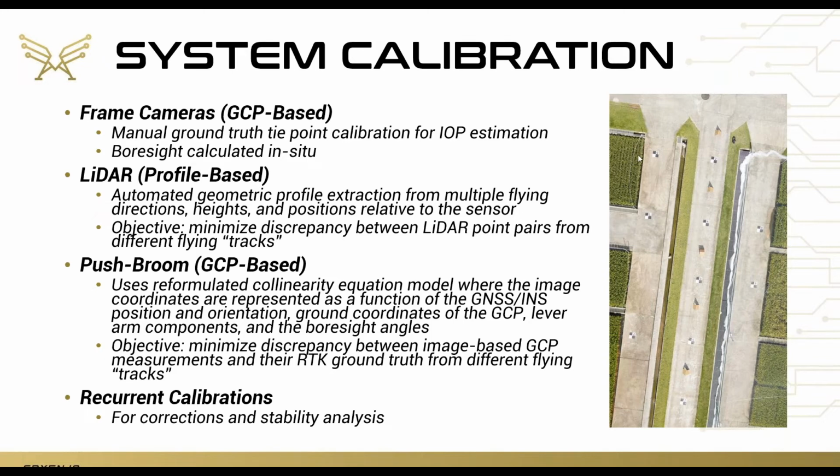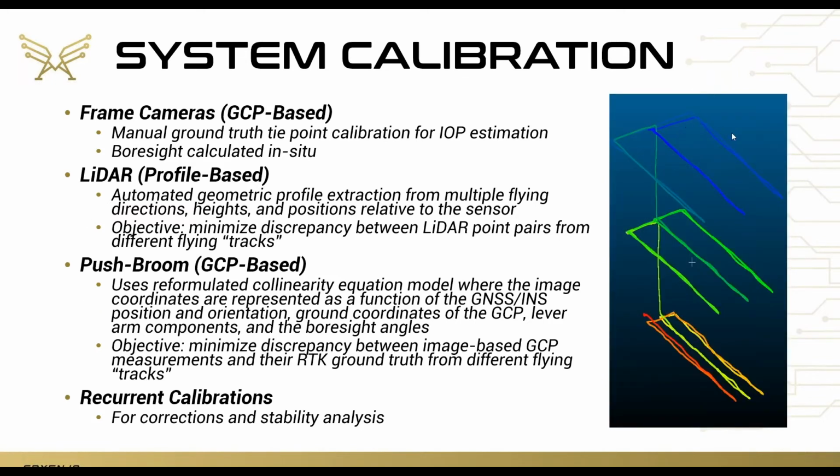I won't go into a lot of detail on each of these, but for frame cameras, we're using GCPs on the ground to do the calibration initially, and then after that, when we're doing our normal data collection, we don't use the GCPs in the processing. We have what we call profile-based LiDAR calibration, where we're aligning profiles from these vertical features in the field from different viewing angles. And then we also use the GCPs for our push broom-based calibrations for the hyperspectral sensors.